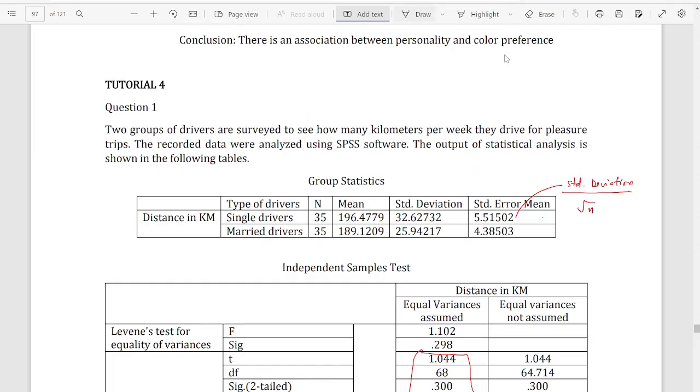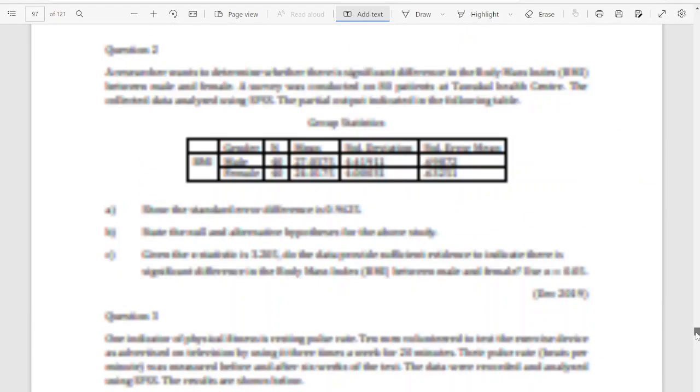Okay, so how do you do this? Okay, kalau yang ni kita kena kira dia punya nilai Z dahulu. So let me just get this one for you. Okay, so you get this one. So kita dapatkan dia punya nilai Z. So macam mana dapat nilai Z?